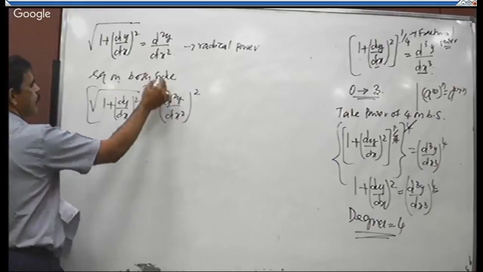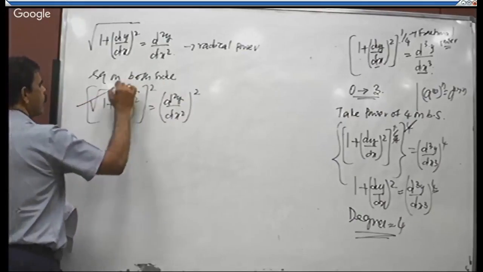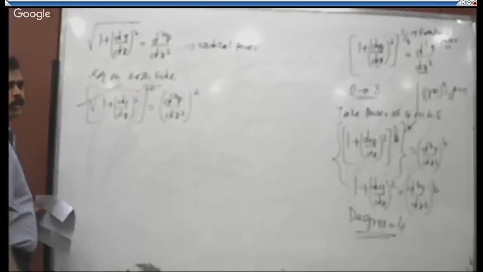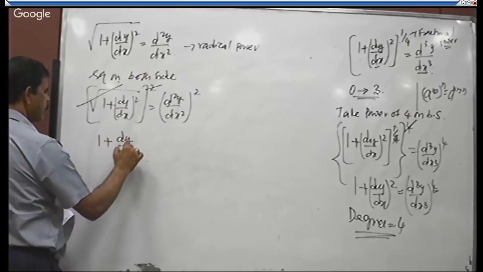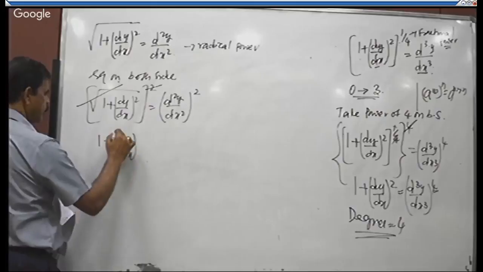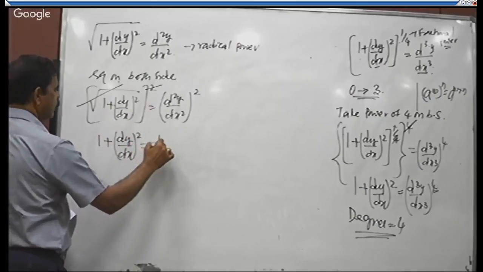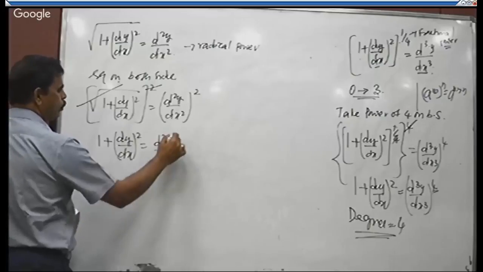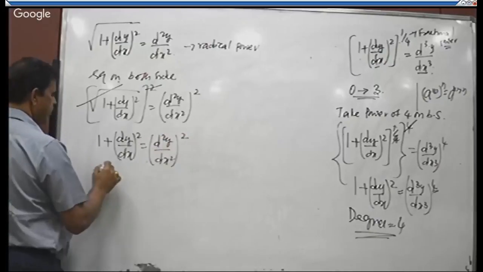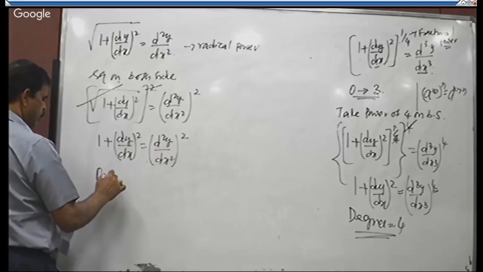Just I have squared on both sides. This square root and square get cancelled. What is remaining? 1 plus dy by dx whole square is equal to d square y by dx square whole power 2.